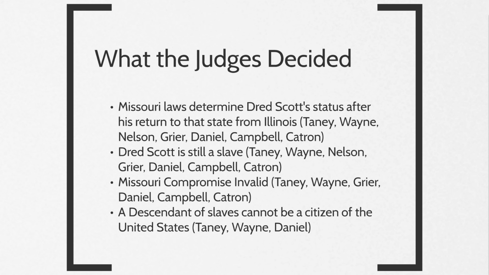And essentially what the court said was that this was in violation of the Fifth Amendment of the Constitution, which guaranteed everybody their life, liberty, or property, unless taken away by due process of law. That means that Congress cannot ban slavery in the territories, or if they do, that they must either provide some means of compensation or provide for some means of due process.